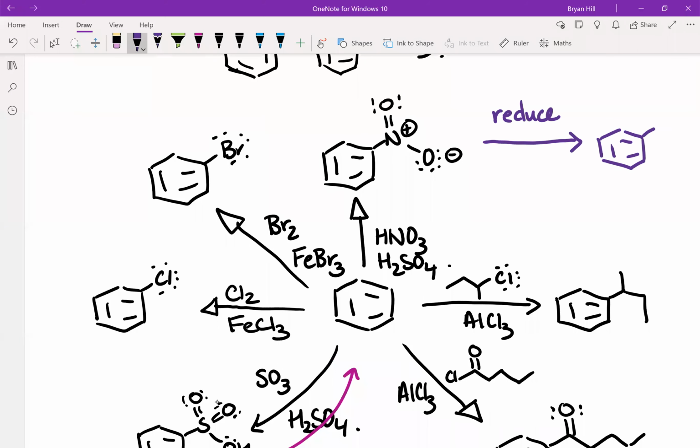So a common way of introducing an NH2 group to an aromatic ring is to take a nitro group and then subsequently reduce it. The Clemmensen reduction does that. So it's a way of reducing a nitro group to an amine.